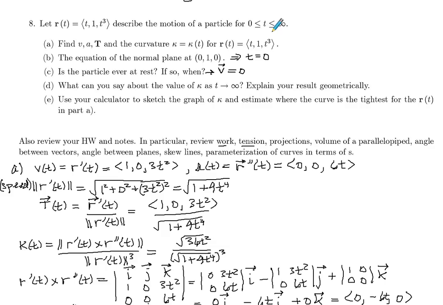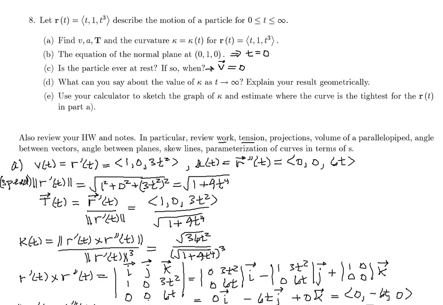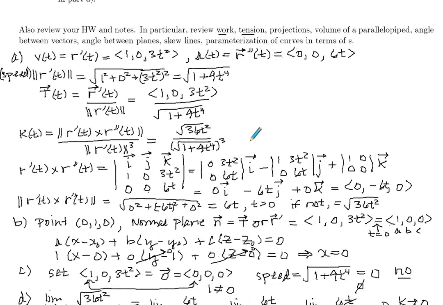We're describing particle motion here for t between 0 and infinity. So we actually could have simplified this to be 6t here, and we could have used the 6t right here. That would have been fine.